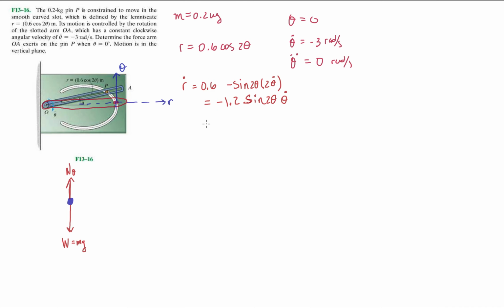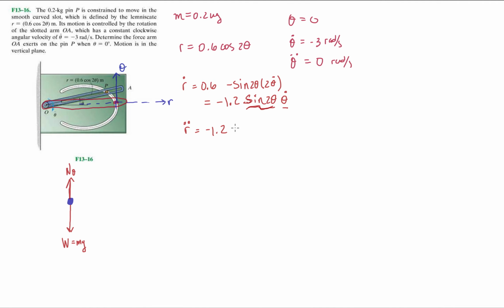And then take another derivative. When we do a second derivative of this, we're going to have minus 1.2. Remember, like I mentioned in the previous problem, we evaluate the first term times the second plus the first term times the derivative of the second term.